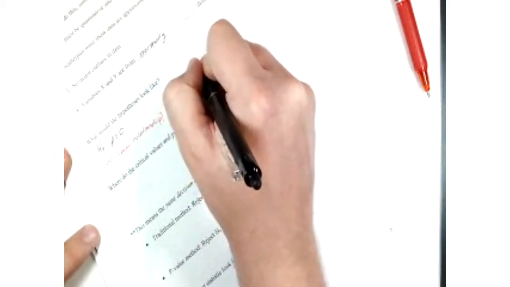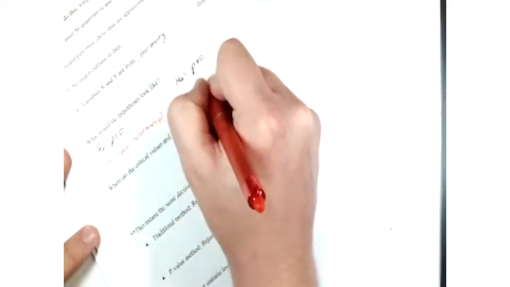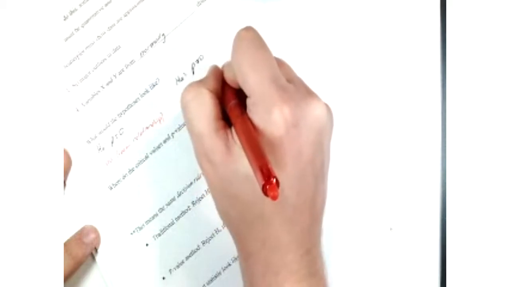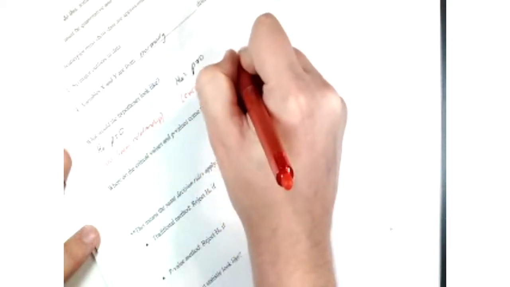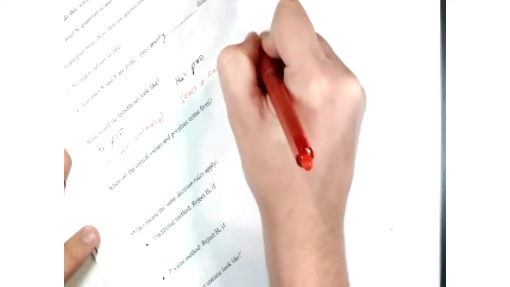Obviously the opposite of that. So in this case, it would be rho is not equal to 0. That would mean there exists a linear relationship. That's kind of self-explanatory, right? Just the opposite of it.